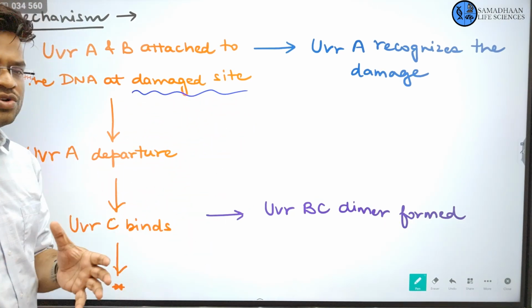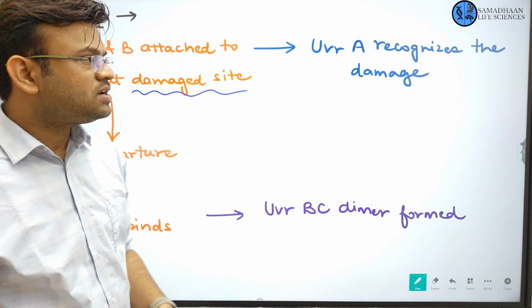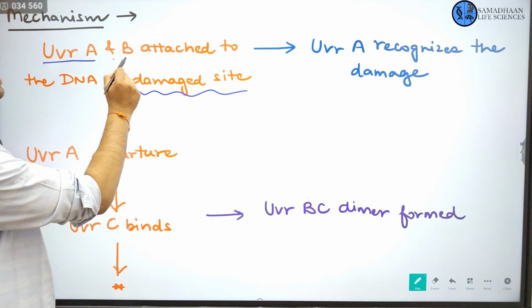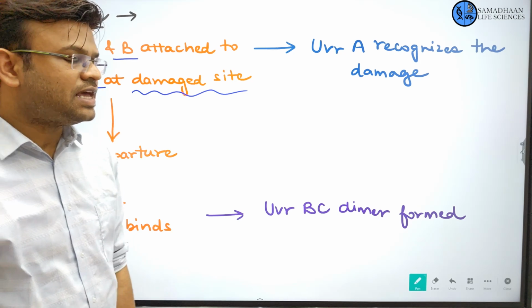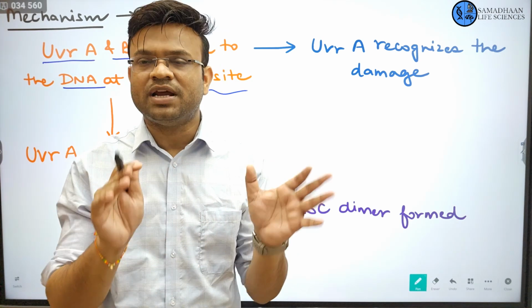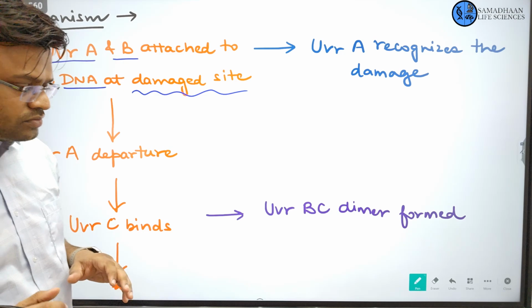So, which two proteins will come first? Always remember that UVR A protein and UVR B protein are attached to the DNA at the damaged site. So firstly, UVR A and UVR B will be attaching at the damaged site. I will be showing you an appropriate diagram also.